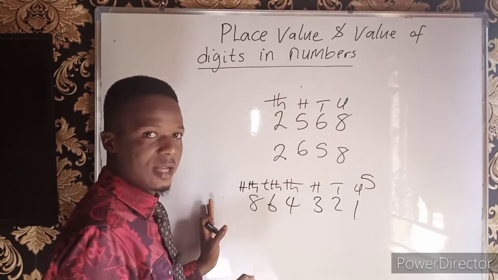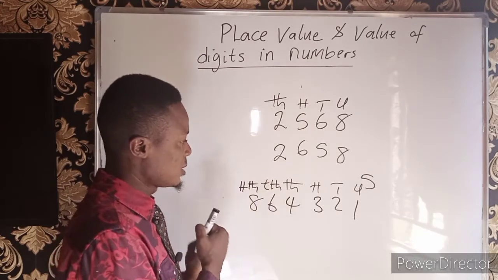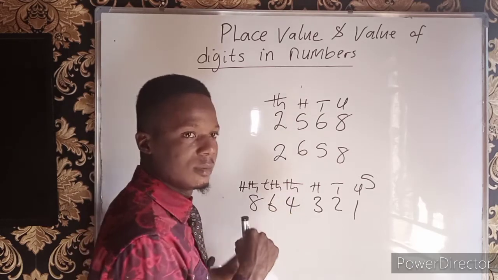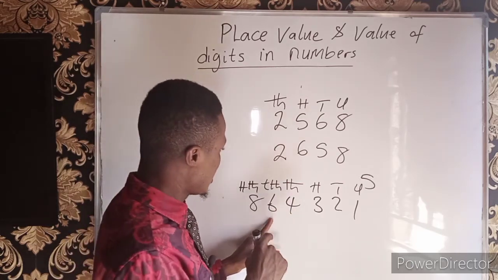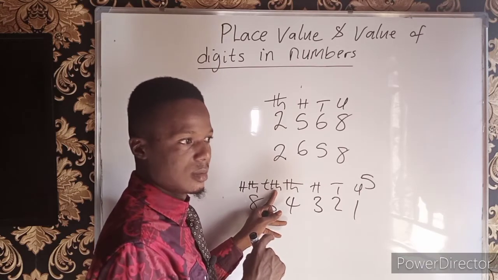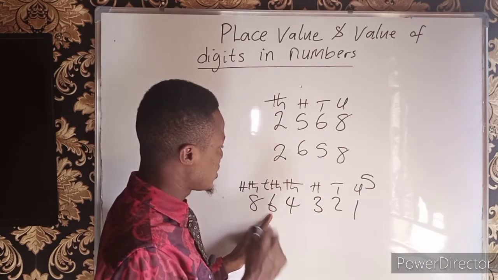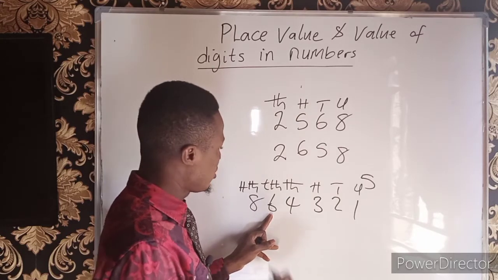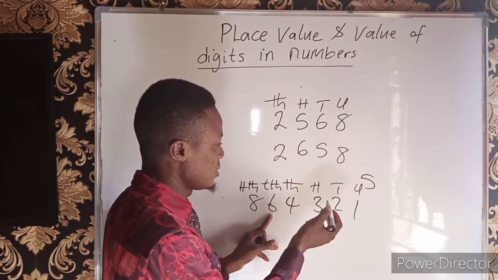Remember, after hundreds of thousand, that is when you get millions. Now, the place value of 6 here is tens of thousand, but the value of 6 here is 60,000. All right, you see the difference: the place value is tens of thousand, and the value is 60,000.